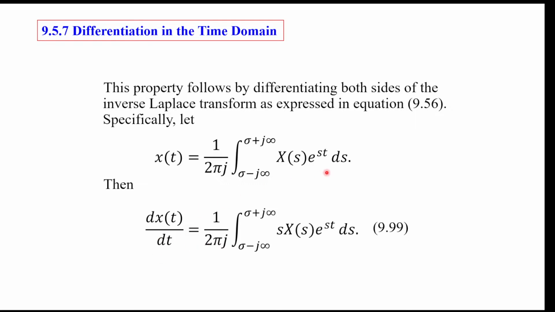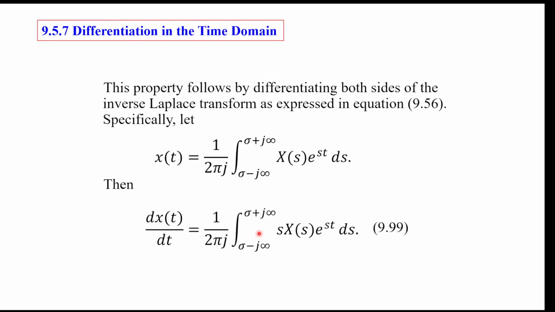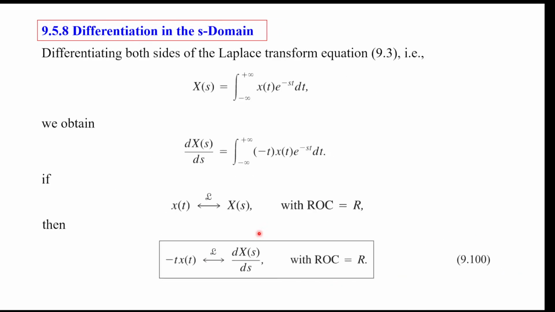Differentiation on t on both sides, and you see this side only depends on t through this e to the st, and when you do differentiation on t, you get s, so you get s here. Okay, so we now talk about differentiation in the time domain, and we can talk about differentiation in the S domain. The derivation is similar: we have the Laplace transform equation, and we do d/ds on both sides, and once again it only depends on s through this e to the minus st, so you get the minus t here.